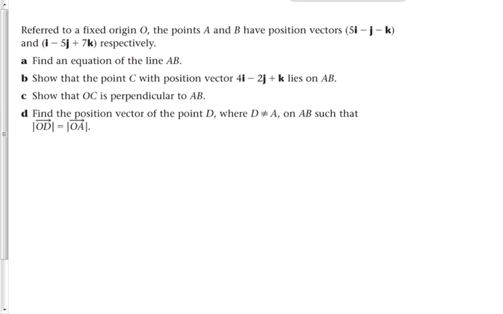So, for part D, find the position vector of the point D, where D does not equal A, on AB, such that OD is equal to OA. So it lies on the line.